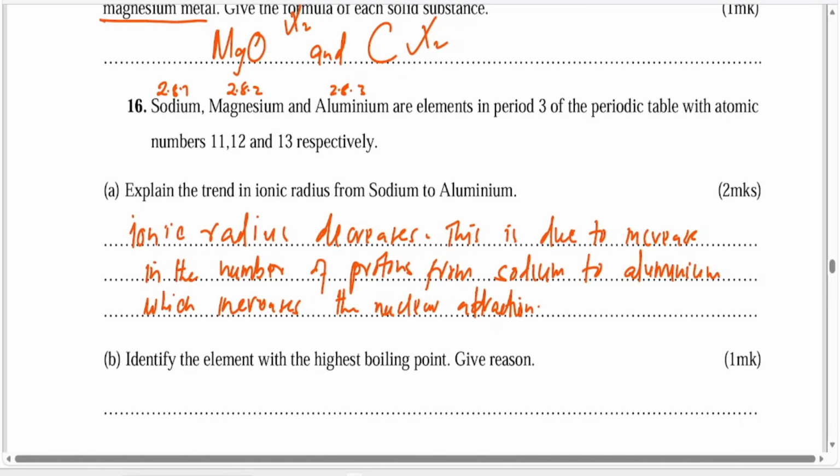Therefore, the ionic radius from sodium to aluminium decreases. So this gives you 1 mark for the statement and 1 mark for the explanation.